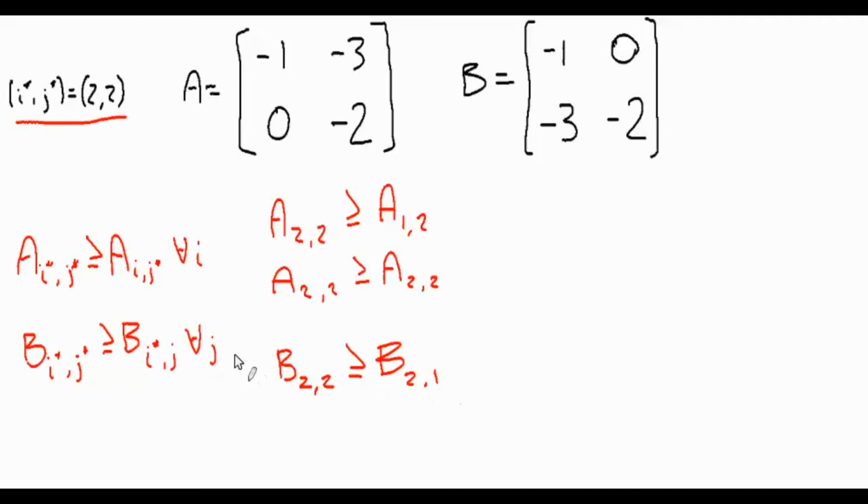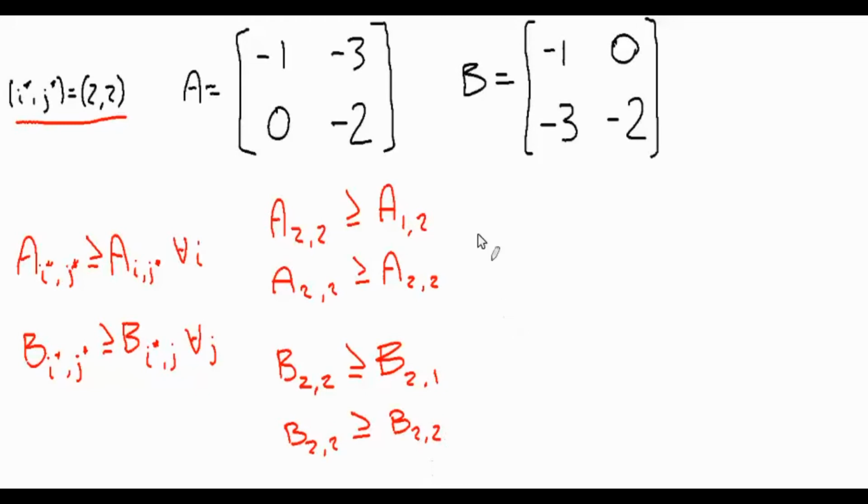And then we'll do an inequality for when J is equal to 2, and that'll be B 2 comma 2 is greater than or equal to B 2 comma 2. So we just need to show that the values in A and B satisfy these conditions.